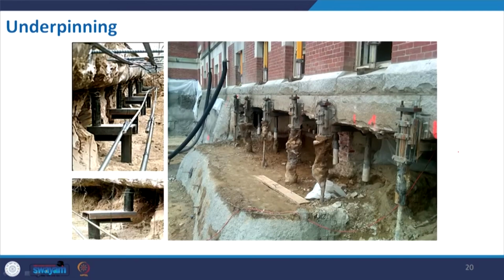Here you can see such a thing where it is being supported initially, so that they can do some repair work on the building. In this case maybe you can use a simple iron or steel section, or sometimes we also go for a hydraulic jack to take the pressure, and then strengthening of the foundation can take place.